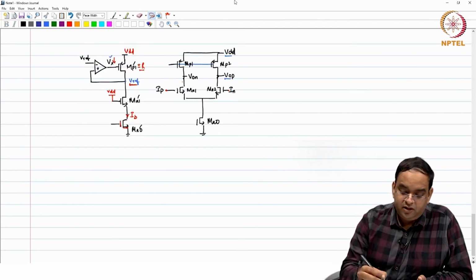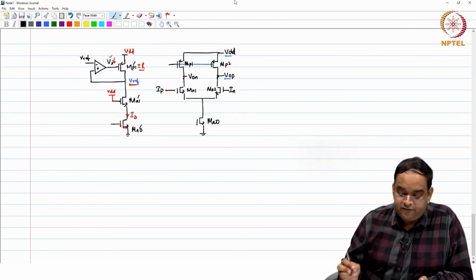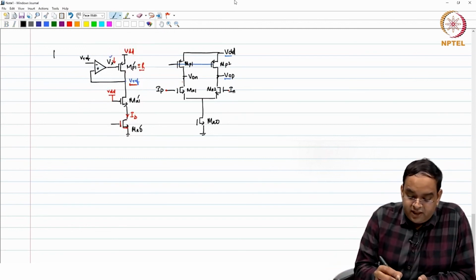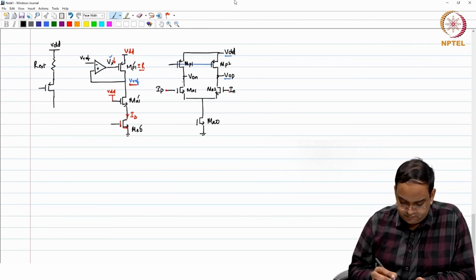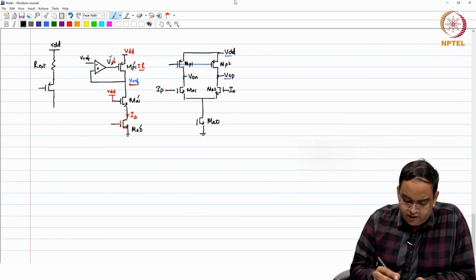And how do we do it? Well, we can have an extra poly resistor here. Let us call this R external for a while, and you have a PMOS, and you can have a PMOS with a diode connected NMOS at the bottom.